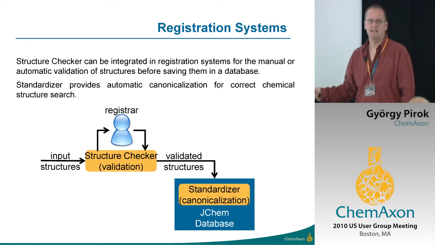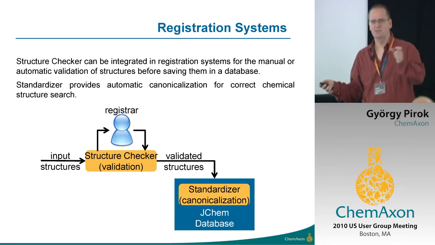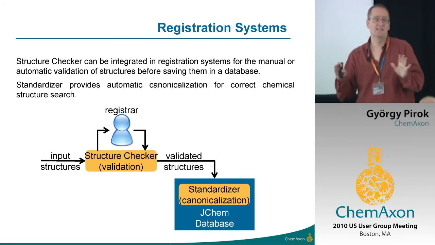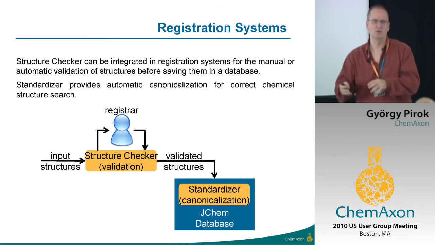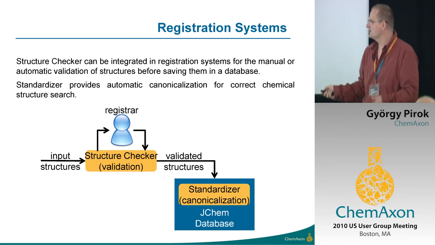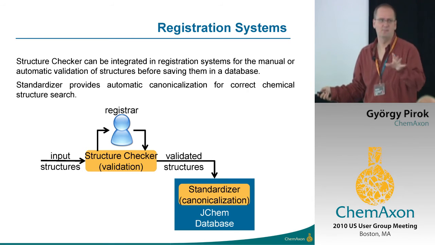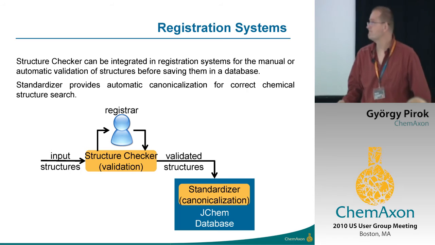Standardizer sits inside the database, and it guarantees the form in which molecules are inserted. Those are accepted molecules, but maybe the nitro groups are ionic or neutral and other forms. So we consider Standardizer to contain a canonicalization tool and a structure check tool.